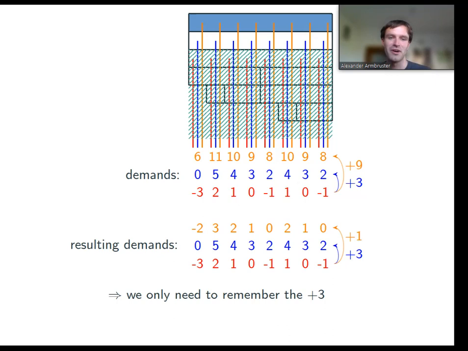That's like the new demand that we actually need to cover also the blue and the orange ones. And the important observation is that this is just one number to keep track of all the rectangles we selected above this hatched region. And thus, instead of remembering where we selected which rectangles and so on, we just tell our dynamic program in this region, okay, select rectangles to cover all of the red rays. And on each of the red rays, you need to actually cover 3 more for the above problem.